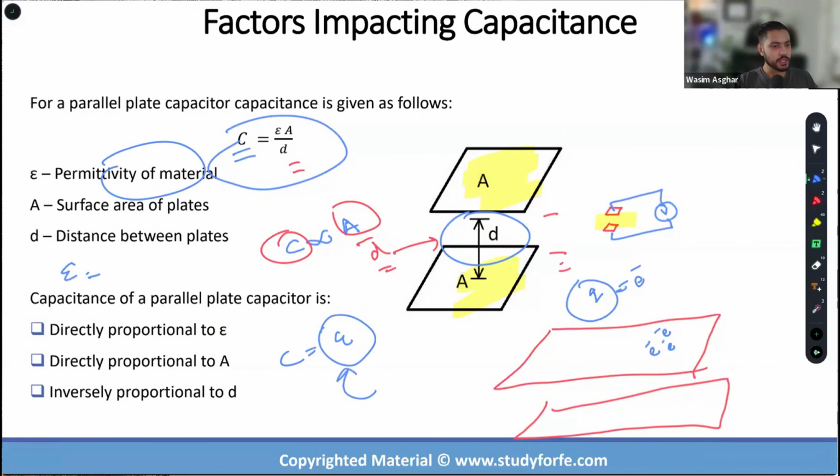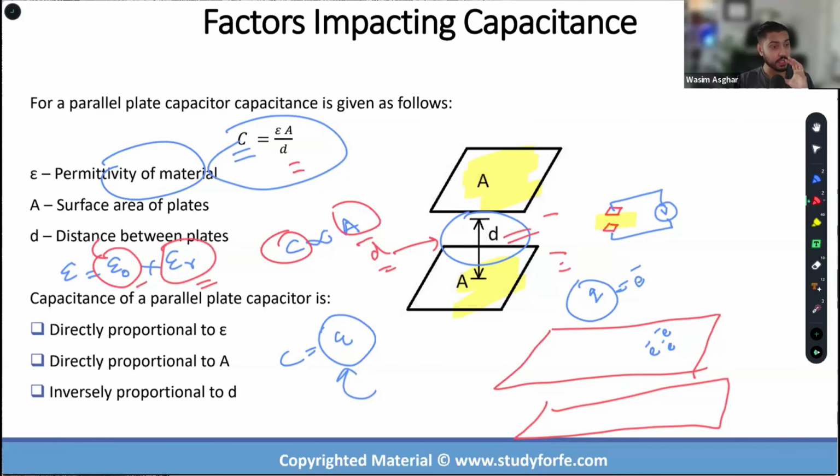Permittivity of a material is equal to the permittivity of free space, which is a constant, multiplied by epsilon subscript r. And when we loosely say dielectric strength, that's the number that we are referring to. As I explained previously, this number is simply a multiple that is applied on epsilon naught. It is a constant value, epsilon naught, which is the permittivity of free space.